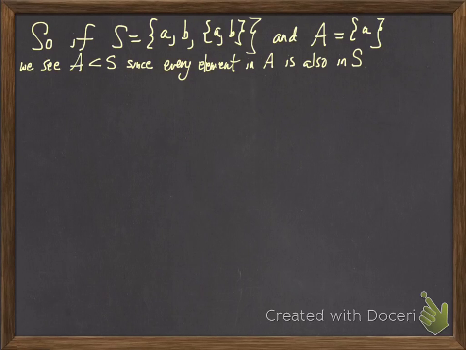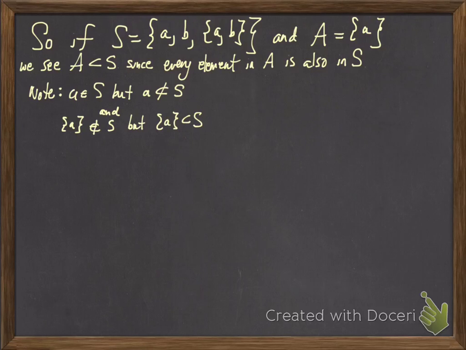That little element a is also in S, therefore, big A is a subset of S. Now note, little a is an element of S, but not a subset of S, right? It's an element, which means it's one of the things inside of S, but it's not a set itself. Now, the set containing a is not an element of S. It's not one of the things in the list, but the set containing little a is a subset of S. So think about that and look carefully at those differences.